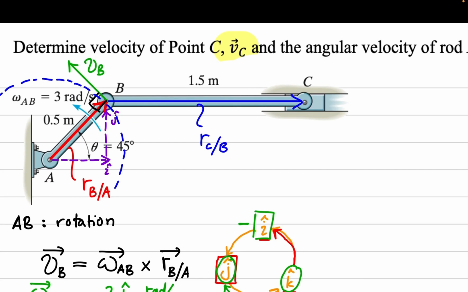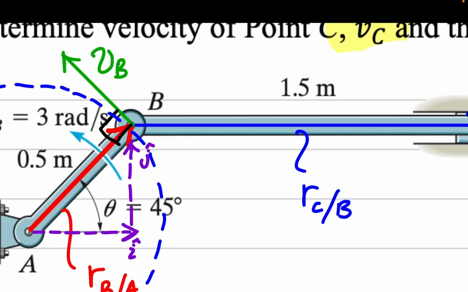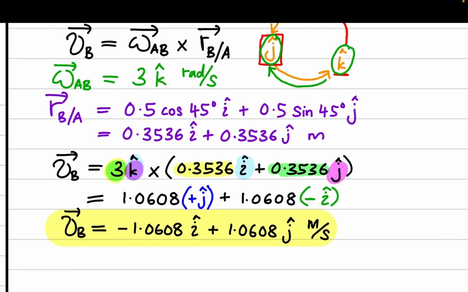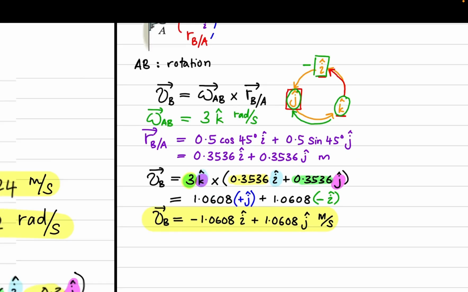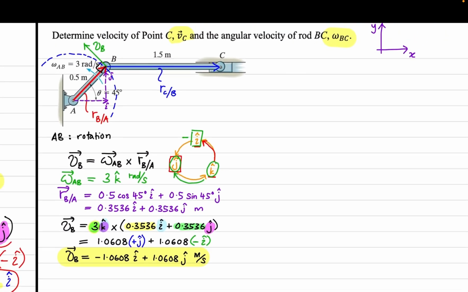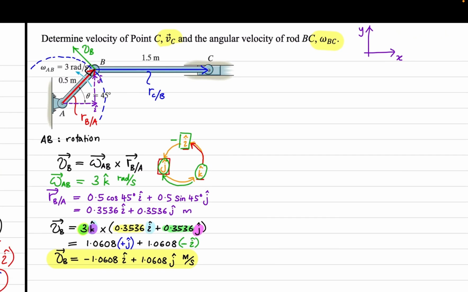So if we resolve this into components, you will get a negative I to make a triangle here, and you will get a positive J. So the expectation is that the answer for VB should be negative I and positive J. So we go back to our answer here, and we get indeed negative I and positive J. So we know that the answer should be correct. So that is the first part, which is VB. This is the rotation part. So this is rotation calculation.